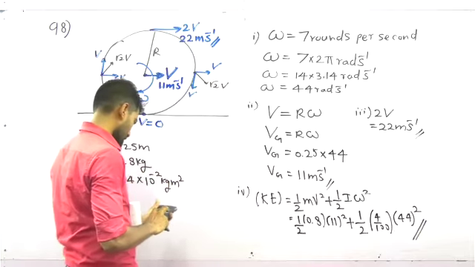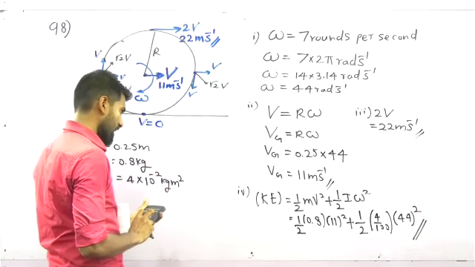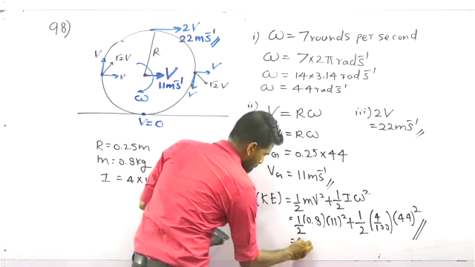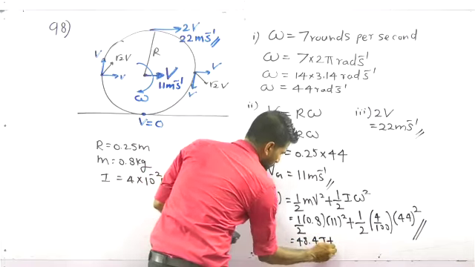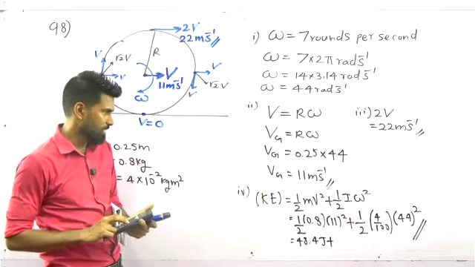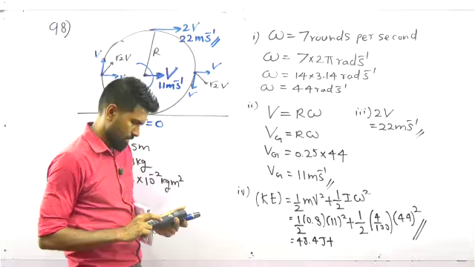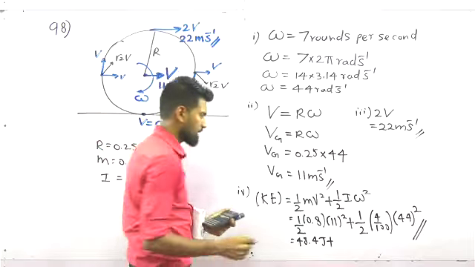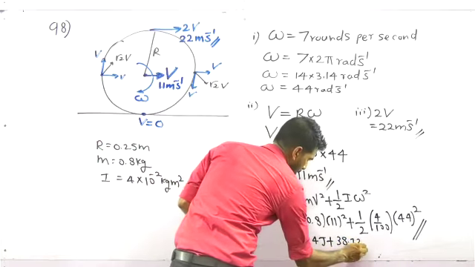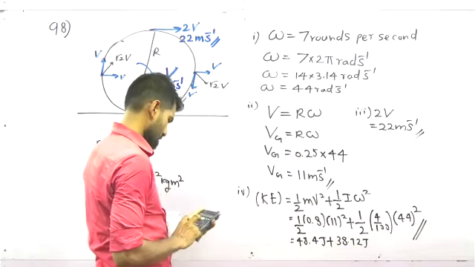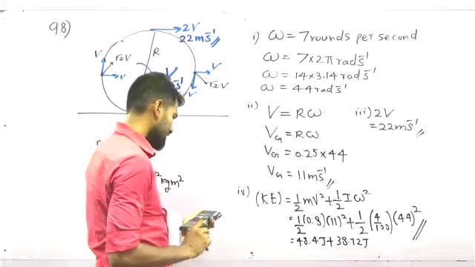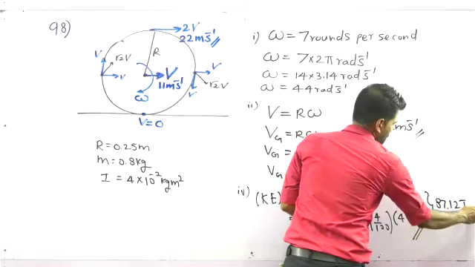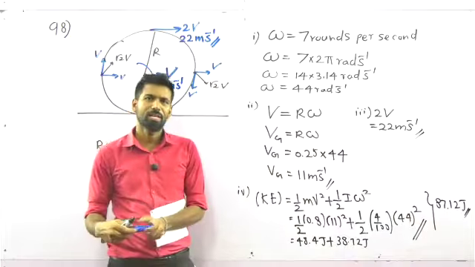11 square multiplied by 0.8 divided by 2, 48.4 joules from the linear side. And from the angular side, 44 square gives 38.72.